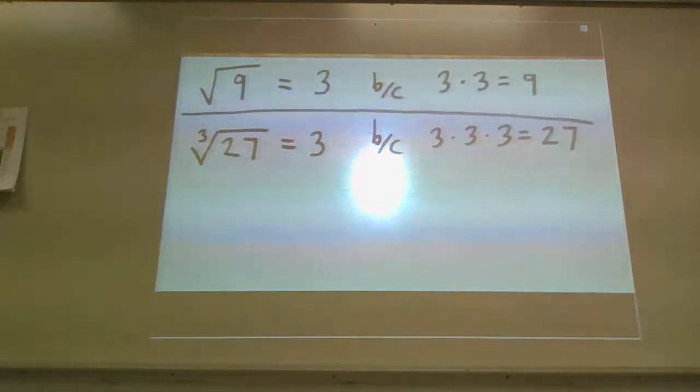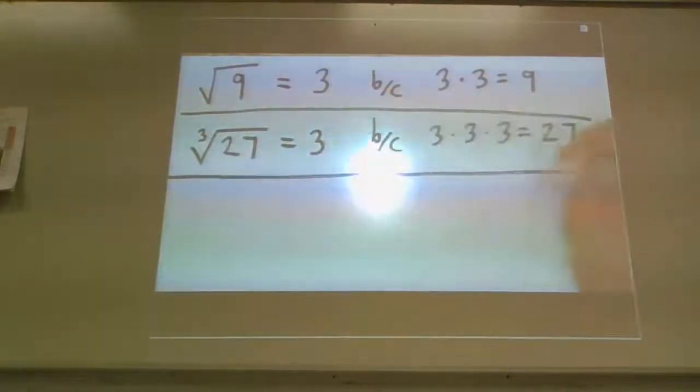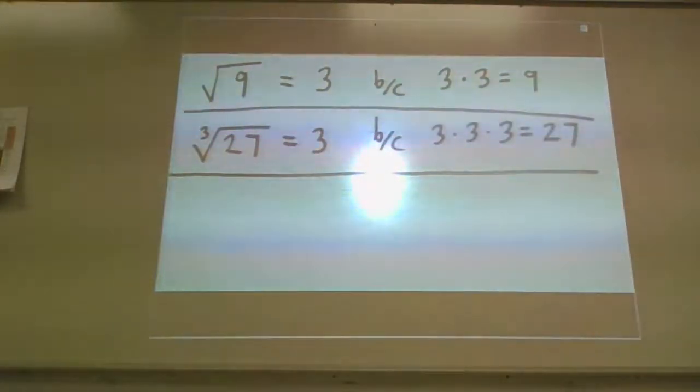They work on a system of basically doing the inverse of raising something to a certain power. It's the inverse operation. 3 cubed is 27. Thus, the cubed root of 27 is equal to 3.